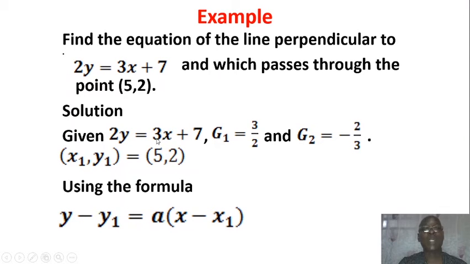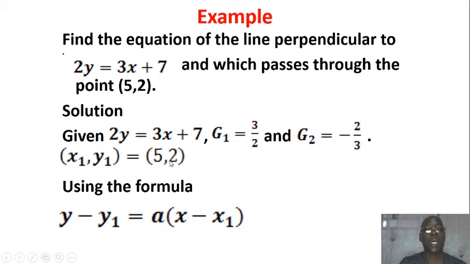So by making y the subject of the formula, which I want you, student, to do, and taking the coefficient of x, which is the gradient of the first line, you will get 3 over 2. What is the consequence? The consequence is that the gradient of the second line is going to be the negative inverse of the gradient of the first one, which is minus 1 multiplying 1 over the other one. It will now turn 3 over 2 into 2 over 3, but must carry a negative sign.